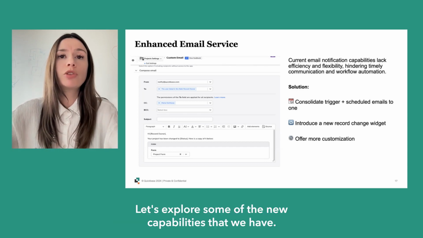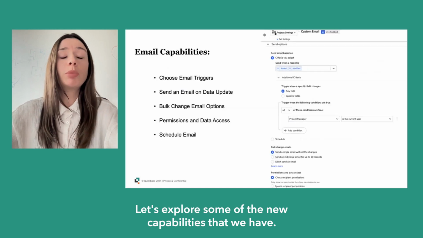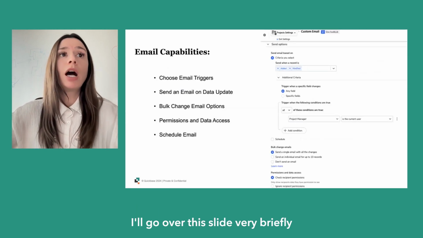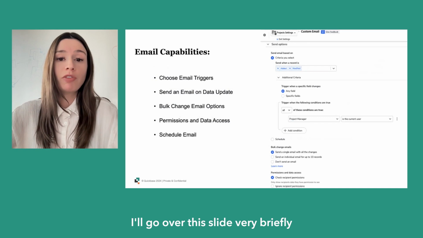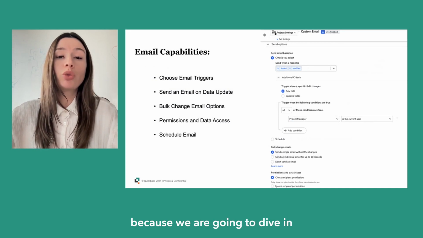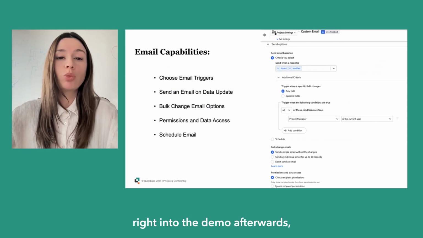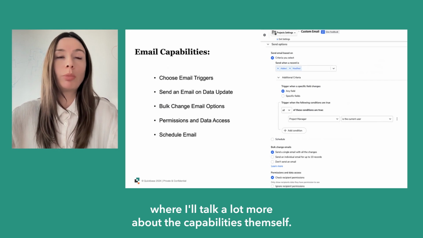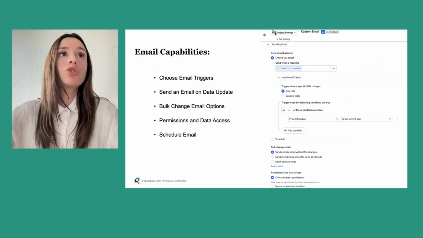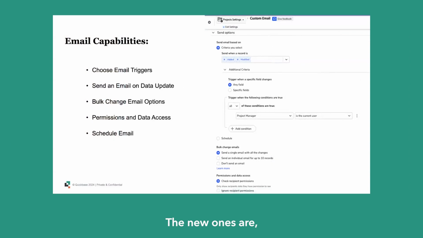So let's explore some of the new capabilities that we have. I'll go over this slide very briefly because we are going to dive right into the demo afterwards, where I'll talk a lot more about the capabilities themselves. So the new ones are, you are now able to choose your email triggers.